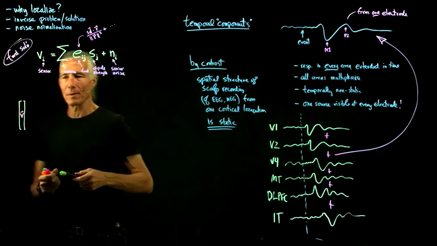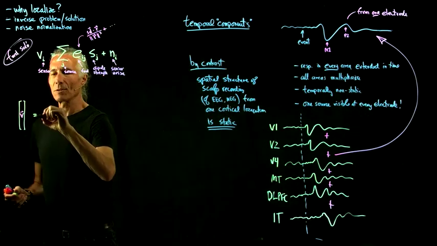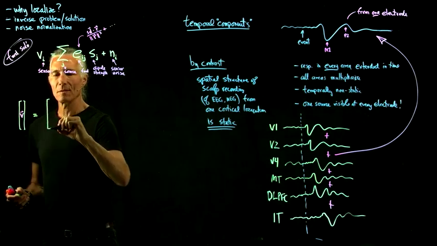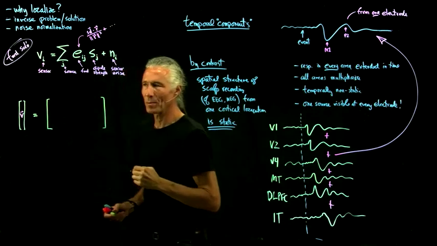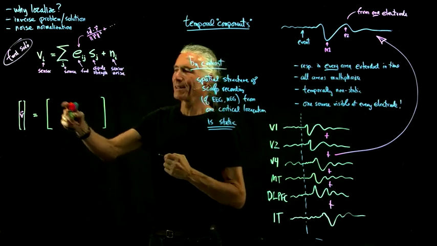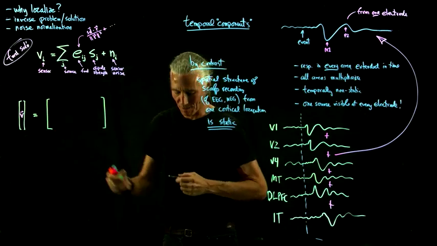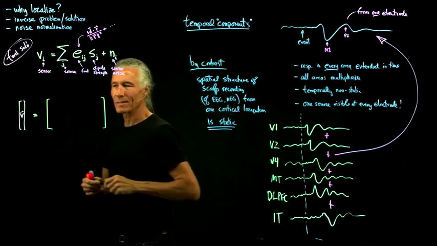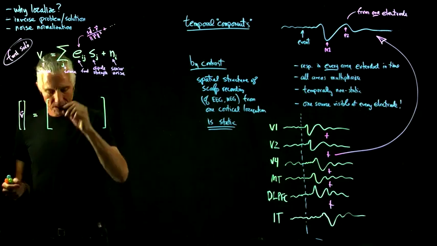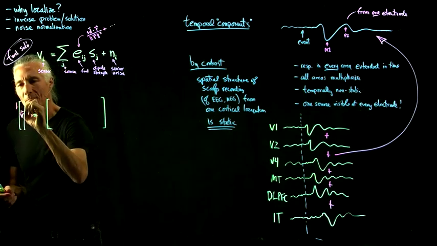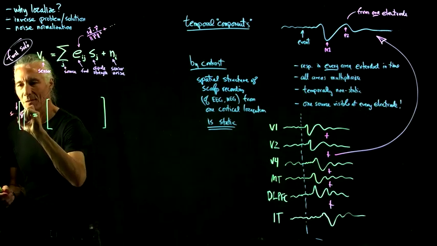So that's going to be equal to this very long rectangular matrix. I didn't draw it as long as it should be. It should be like 10,000 long and only about 200 this way. And so this direction is sensors.